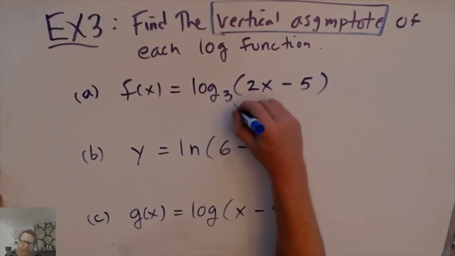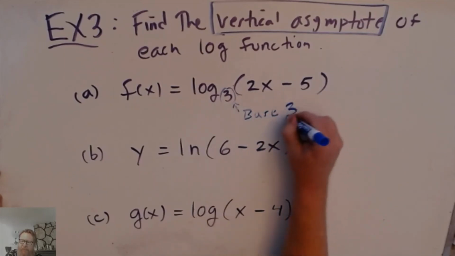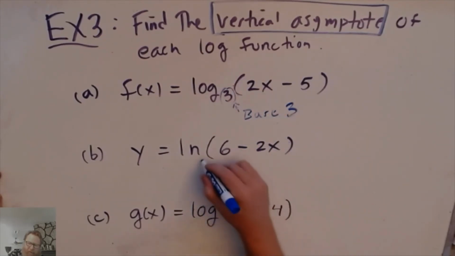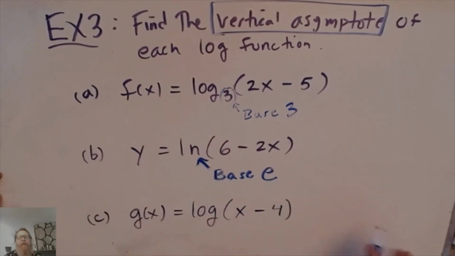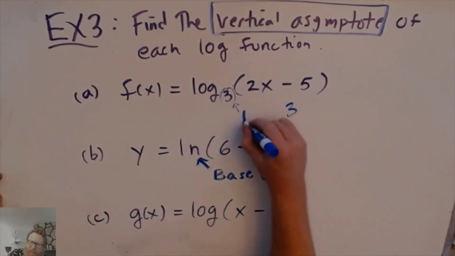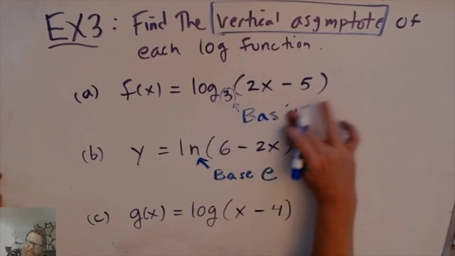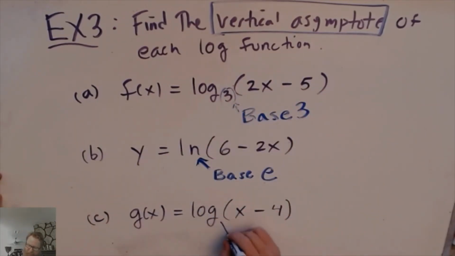We have base E. Natural log is base E. If it's a visible base, well, then it is whatever it is. So this one's clearly 3. This one's E. And then remember, the common log is the one that you don't see the base. The base is 10.